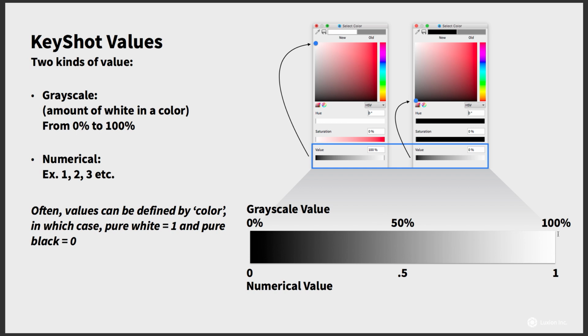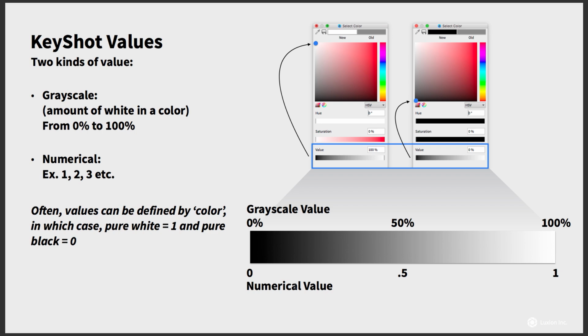And anywhere in between, we have many steps, a full gradient. The point is that in a lot of cases, we can use the actual amount of white to drive the value of an attribute within a material. So the takeaway here, and what can help you, is just remembering that black equals 0 and white equals 1.